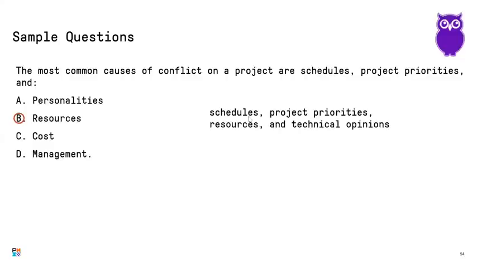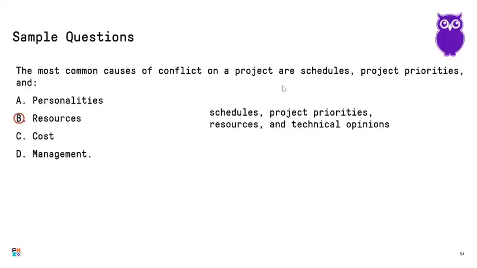And this statement, schedule, project priorities, resources, and technical opinions, is an extract from the PMBOK. Resources is the point where people usually argue, saying you should give me this resource. In other words, I should get the better car, or these are the different resources that people can have a conflict about.